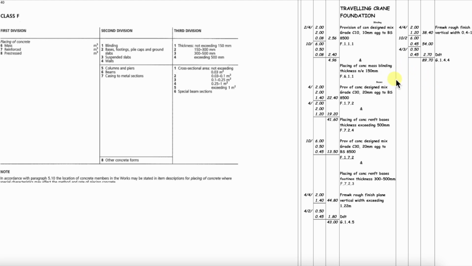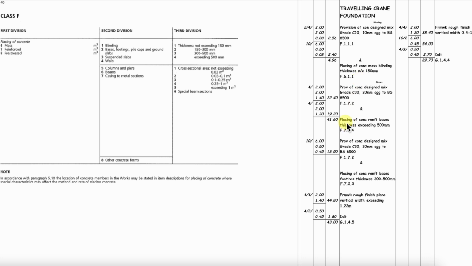compliant. Well, the first one is the blinding, placing of concrete mass blinding, thickness not exceeding 150 millimeters, and the code is F6.1.1. So if that's F6, which is mass, 1 blinding, and thickness not exceeding 150 millimeters. So F6.1.1 is fully compliant.